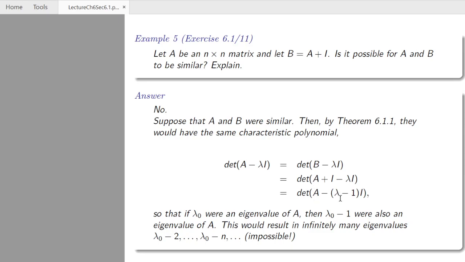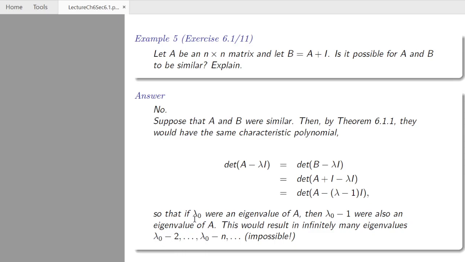That means lambda 0 minus 1 is also an eigenvalue of A. Then here, in the first part, we substitute lambda by lambda 0 minus 1. Then on this right side, we should get lambda 0 minus 2, which should also be a solution. And then continue this way, we let lambda equal to lambda 0 minus 2, then here we get lambda 0 minus 3. So in this way, we will get infinitely many eigenvalues.